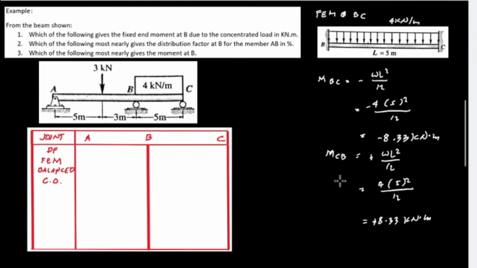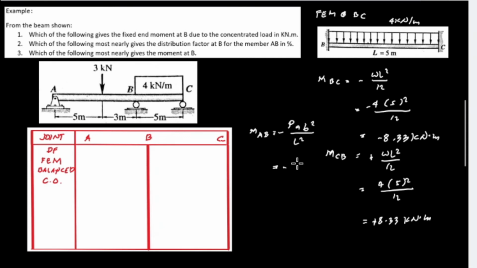So we have now MBC and MCB, while the fixed end moment at AB, using the formula based on the concentrated load, is equal to negative PAB squared all over L squared.